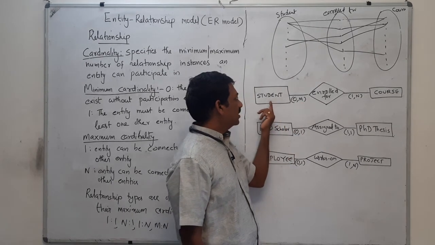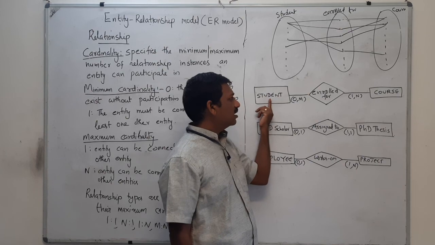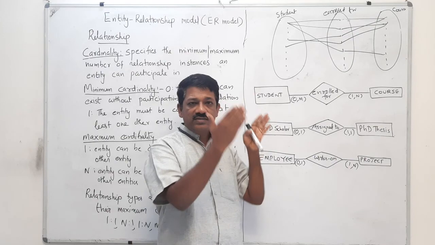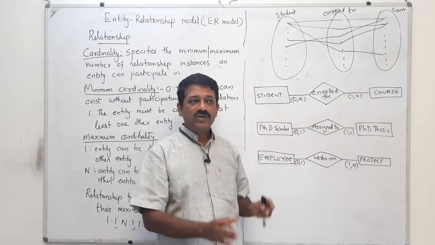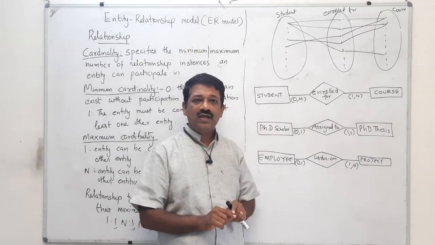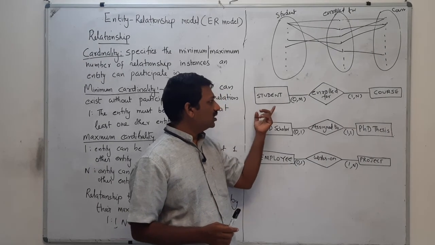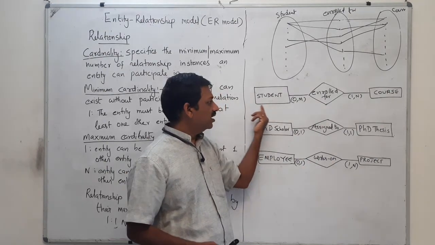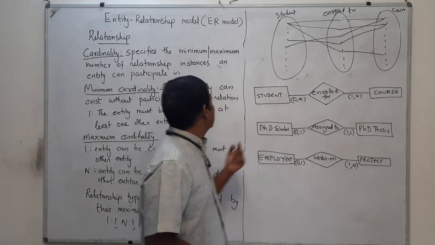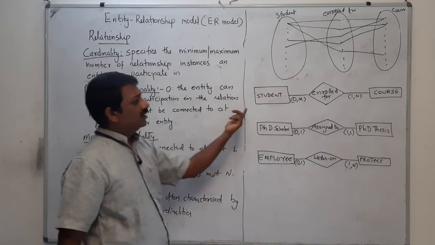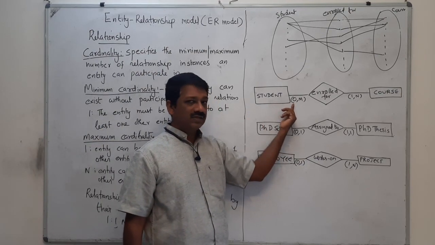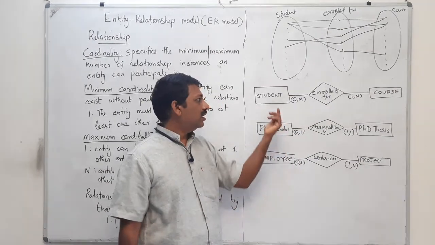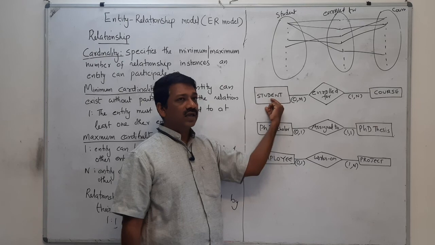That means suppose that a student is not enrolled for any course, he can still exist in the database. Okay, suppose that a student record is there in the database, even if he is not enrolled for a particular course, he can exist. That's why the minimum cardinality here I have given is 0. That means even if he is not registered for any course, the student record can exist.